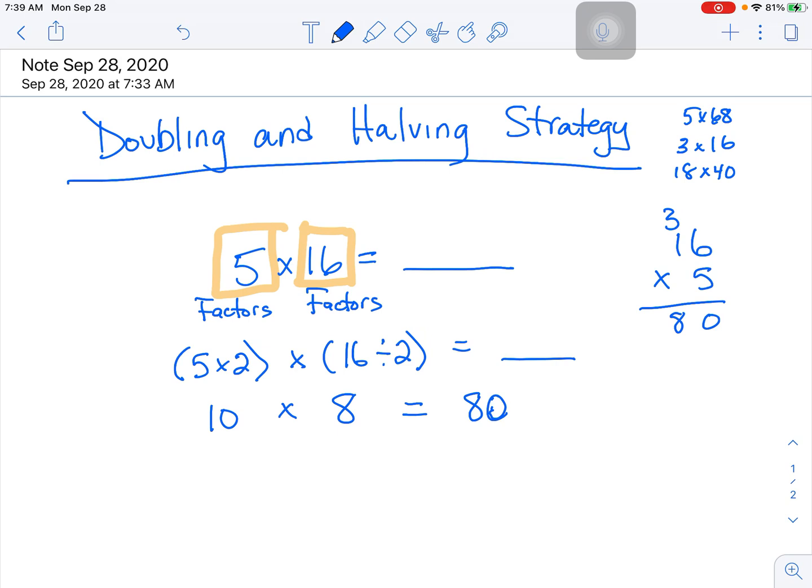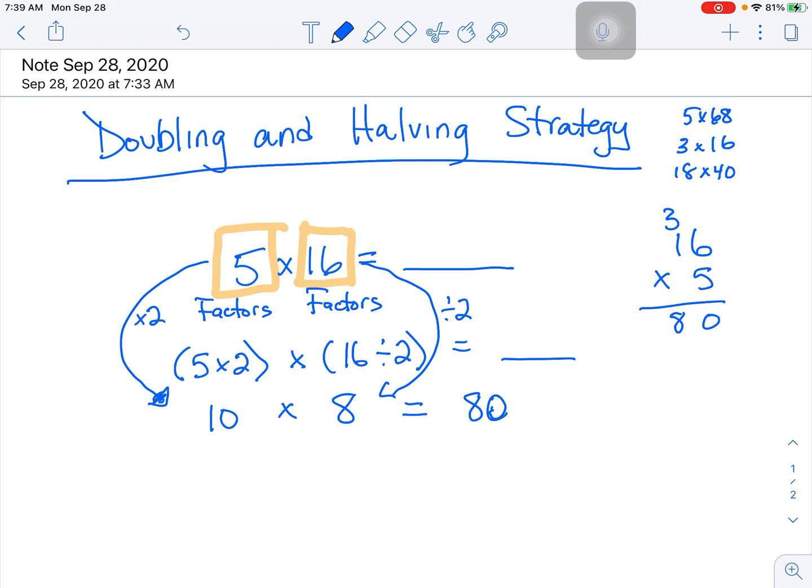So you can see I can get there a lot quicker. Now, I won't be doing these by writing them down if they're easy in my head, but they aren't always easy in your head. So in this case, I could have just turned the 5 into the 10 by thinking about what is double, and I could have turned the 16 into the 8 if I could have thought about dividing by 2. So if you can do it in your head, that would be the easiest thing to do.